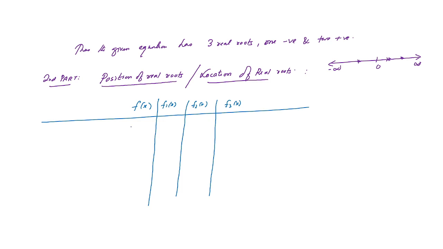You know your f(x) equals x cube minus 3x plus 1. You know your f1(x) equals x square minus 1. This is 2x minus 1 and this is basically 3. So I am writing here for help.